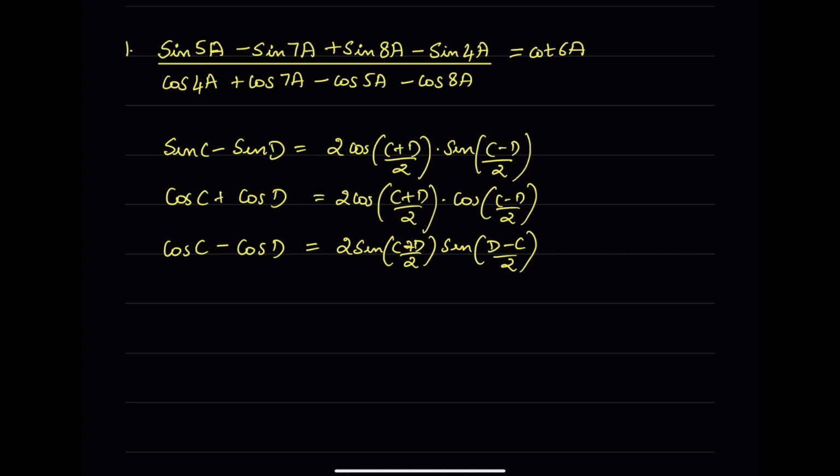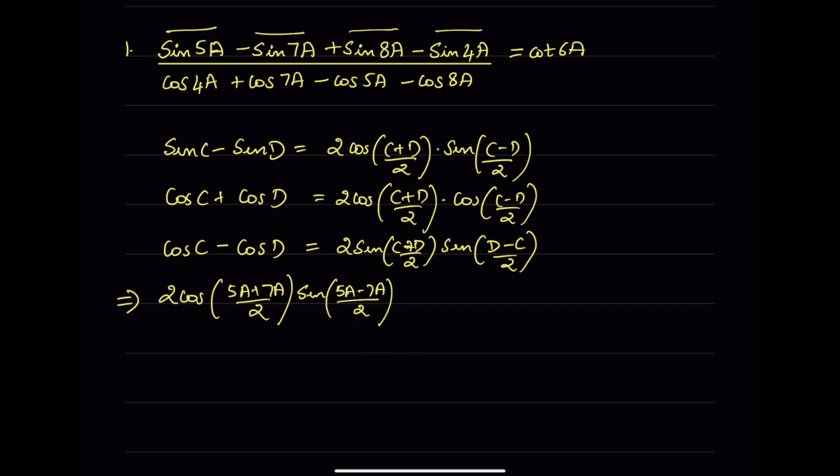So let's group sin 5a and sin 7a, and sin 8a and sin 4a. The first application here would be sin C minus sin D, which is 2 cos of C plus D by 2, 5a plus 7a by 2, and sine of 5a minus 7a by 2.